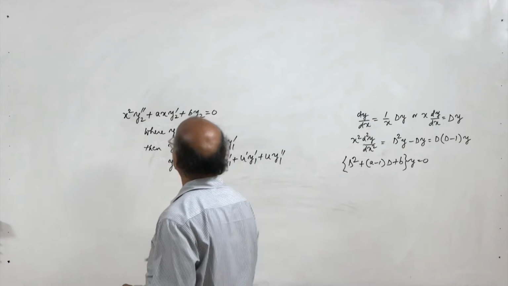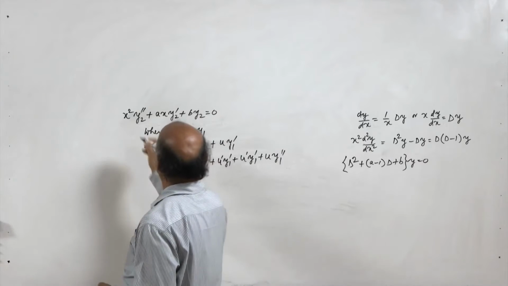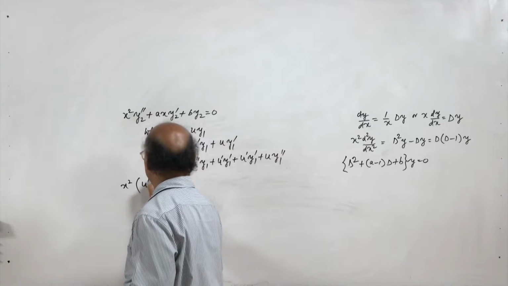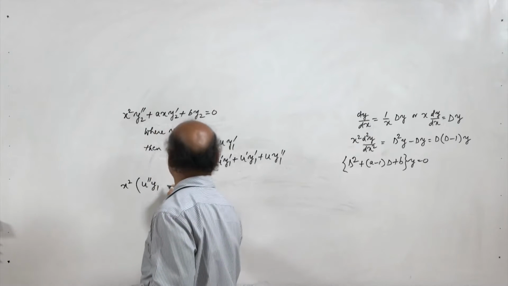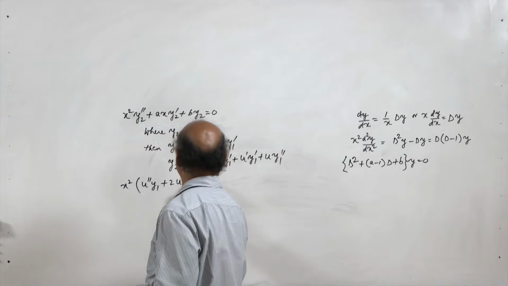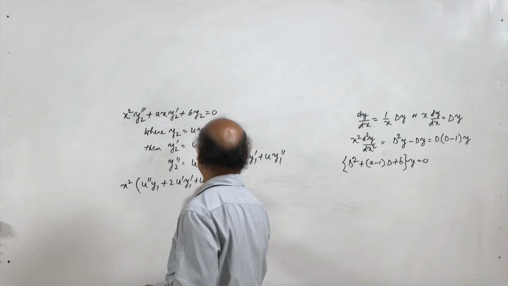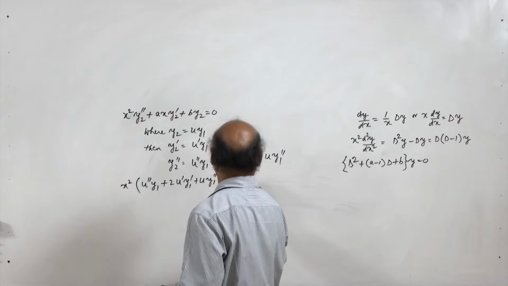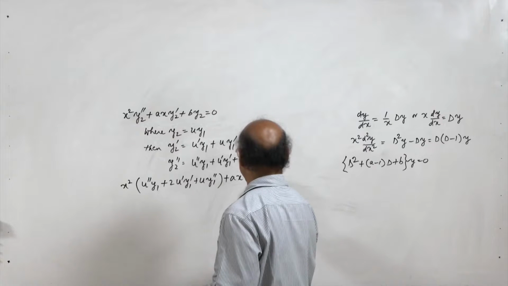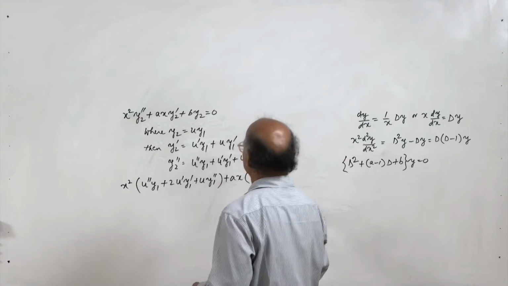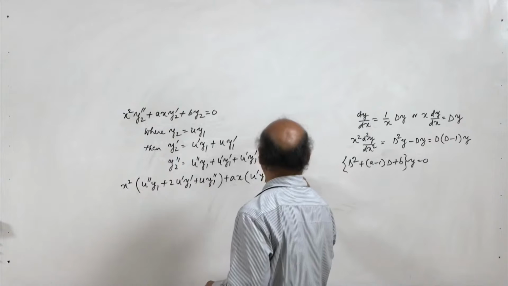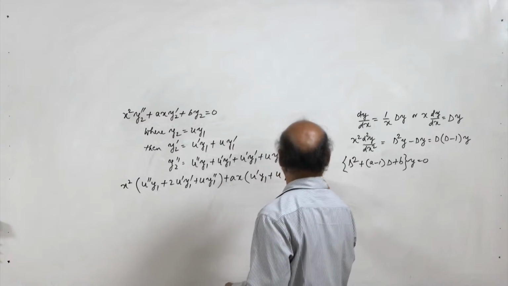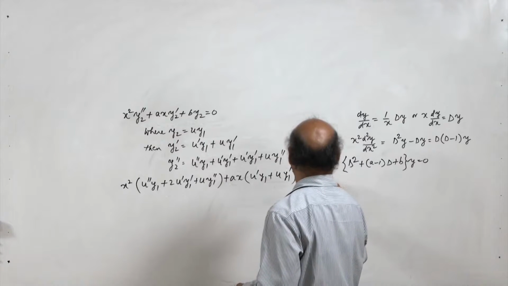Okay, let us substitute these values of y2 dash and y2 double dash in this equation. We get x squared y2 double dash means u double dash y1 plus 2 u dash y1 dash plus u y1 double dash, plus a x y2 dash will be u dash y1 plus u y1 dash, plus b u y1 equal to 0.